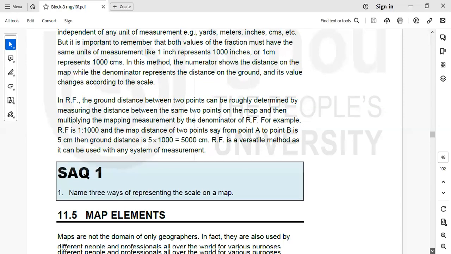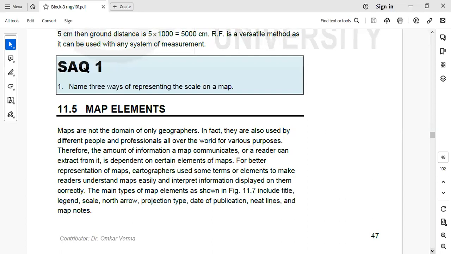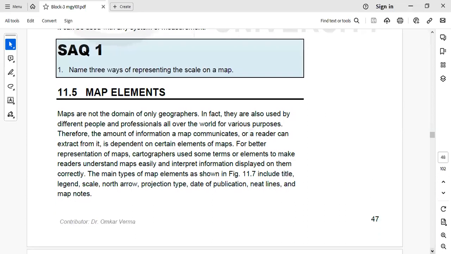Now, there are some map elements which we can see in the maps. These map elements are used to communicate the various information that a map contains.